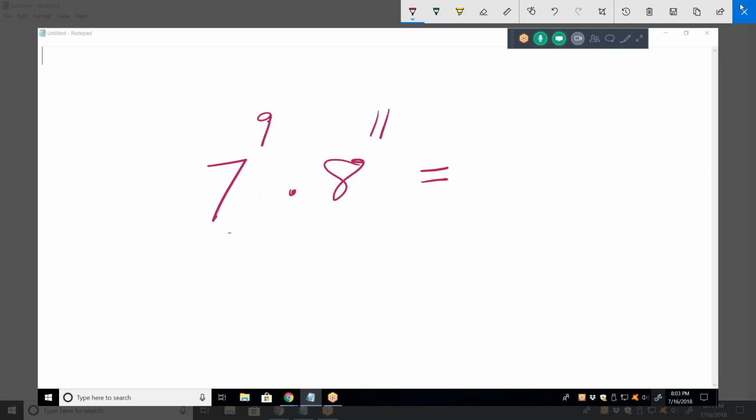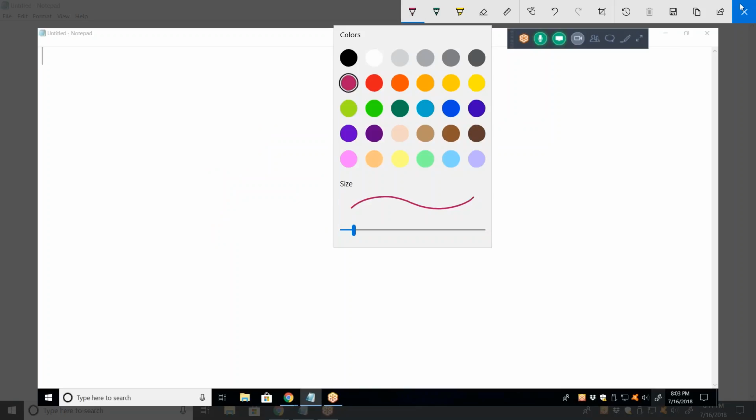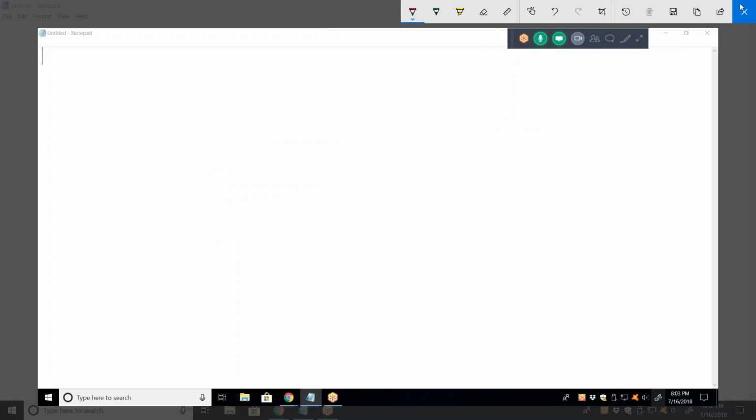In other words, I switch the bases on you. If the bases are not the same, you cannot use one of those three rules. Those three rules, which were add the exponents, subtract the exponents, or multiply the exponents, only apply if the base is the same. Okay? Now, there are two other situations that you can use if the base is different.